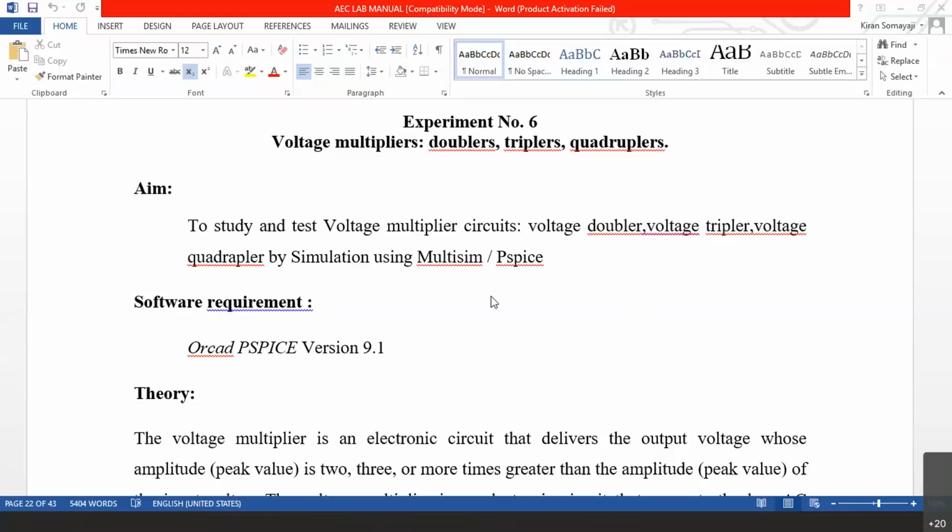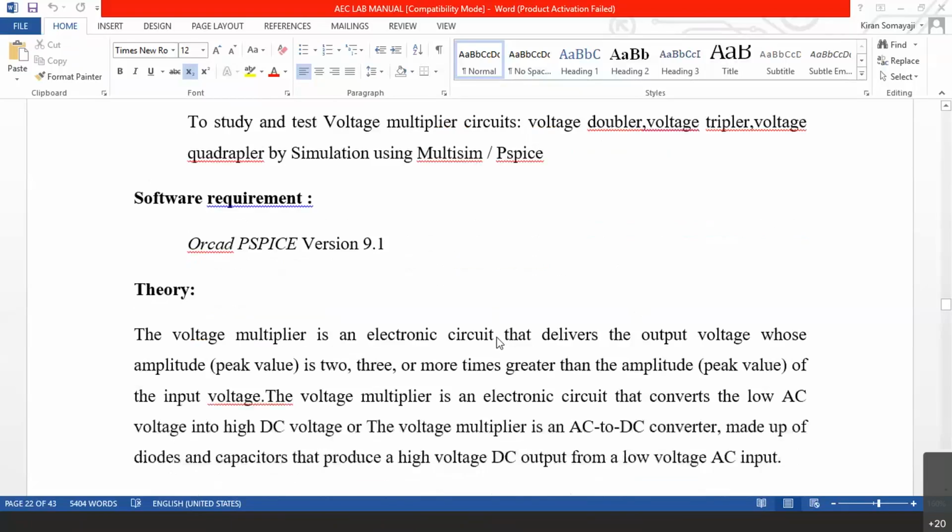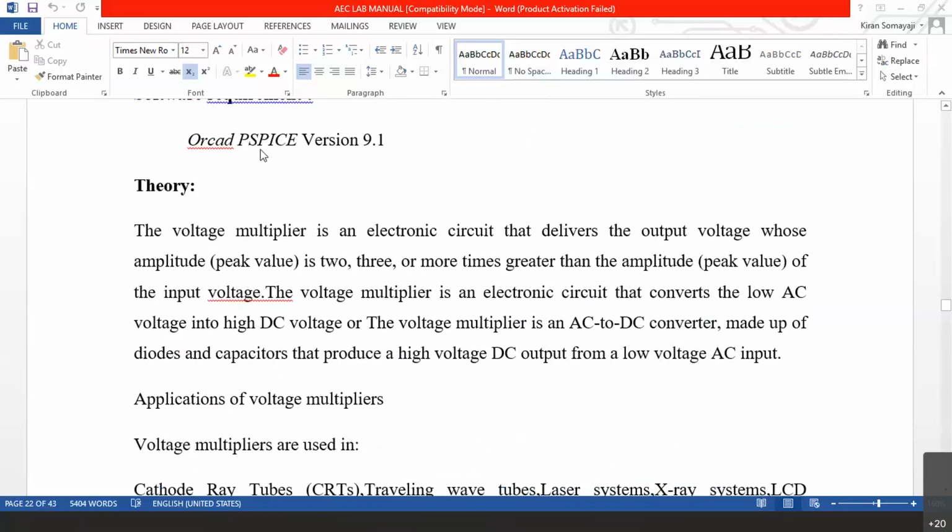It is up to you. But in our lab, we are predominantly using PSpice only. So the software requirement is OrCAD PSpice version 9.1. OrCAD was the company which had introduced PSpice. Now OrCAD is also purchased by a company called Cadence. So OrCAD has been integrated into Cadence software now.